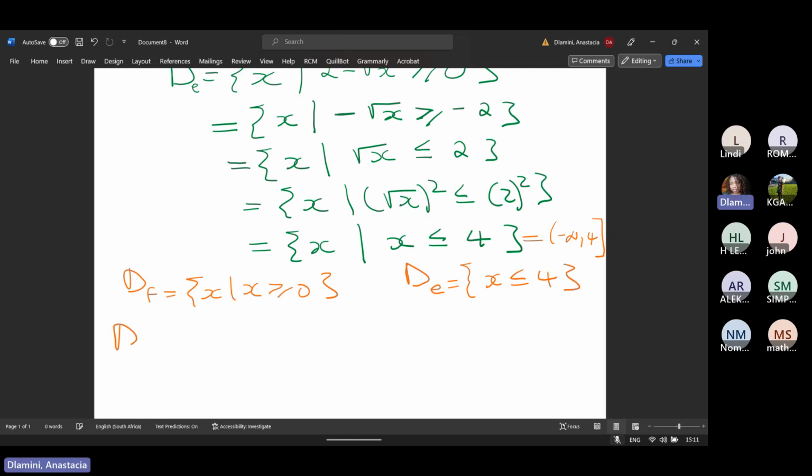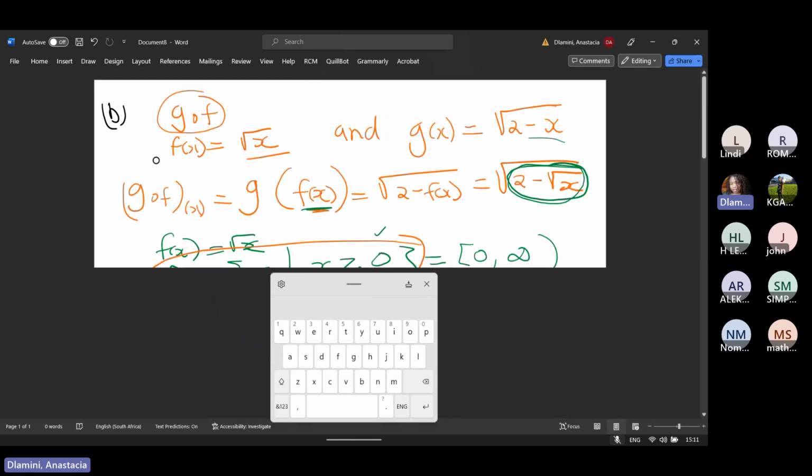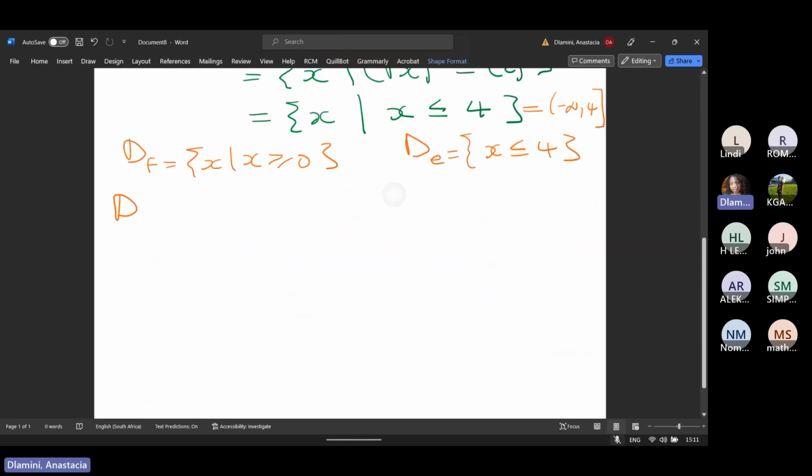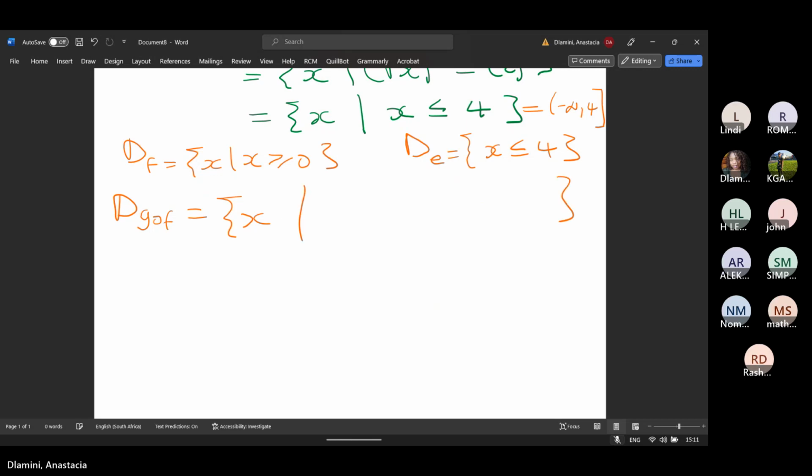So how do I find the domain of the composite function of f and g? Please give me the domain of that. What do I do next?